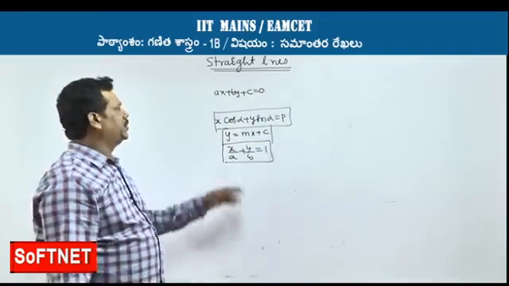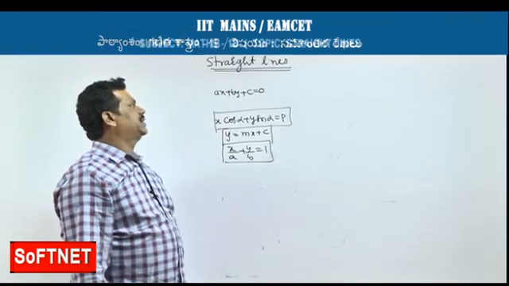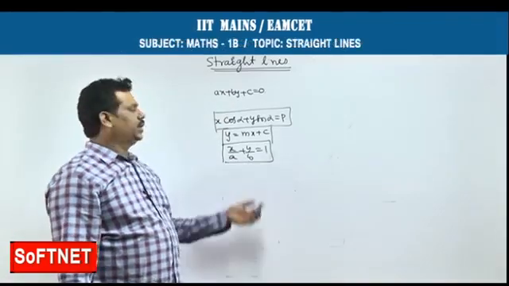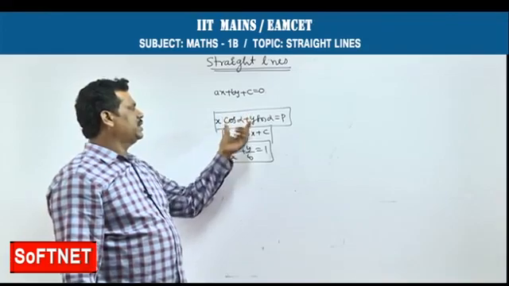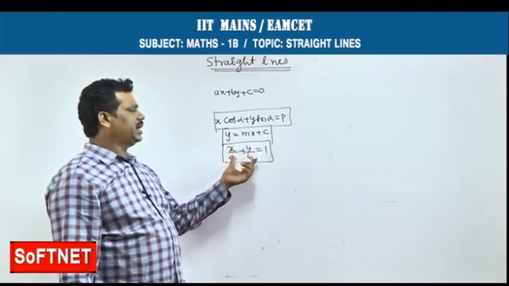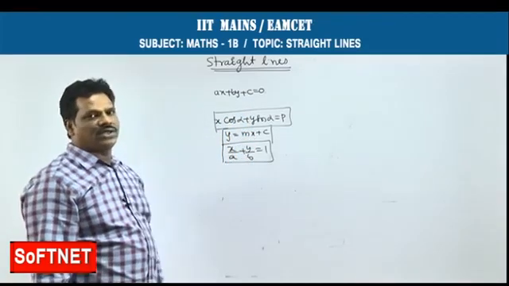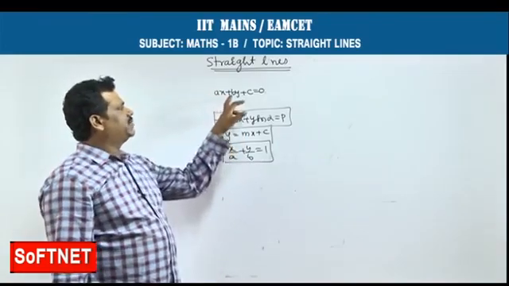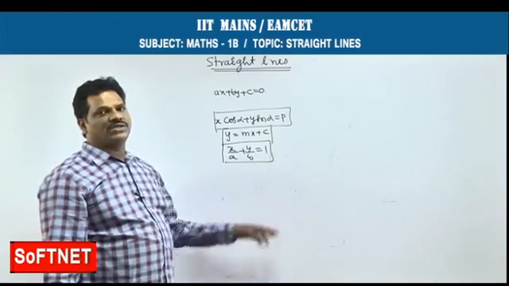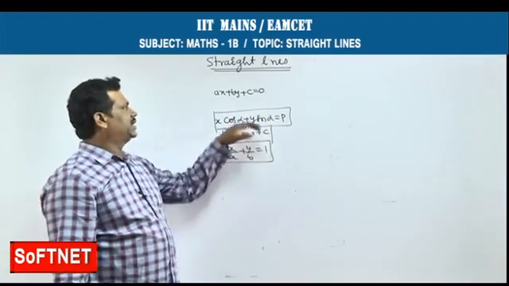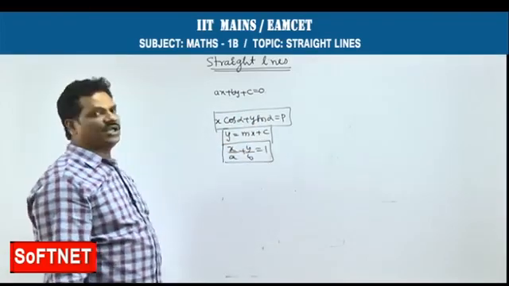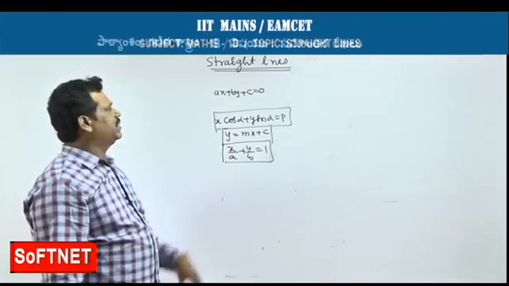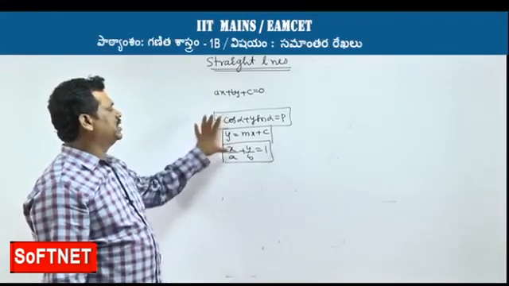Now convert ax plus by plus c equal to 0 into the normal form, slope intercept form and intercept form. The general equation of a straight line ax plus by plus c equal to 0 is transformed in 3 methods. How do we transform the general equation into these 3 forms?